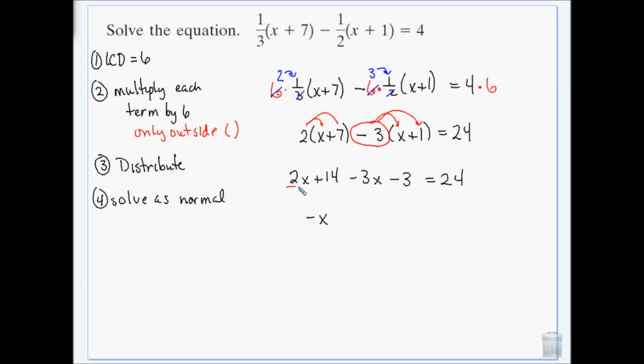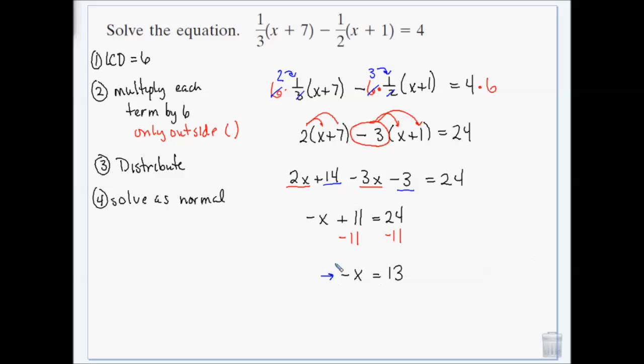So 2x minus 3x. And 14 minus 3 is 11. Then I subtract 11 from both sides, and I get negative x equals 13.